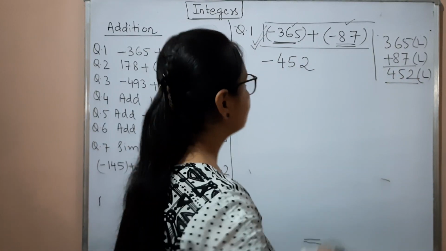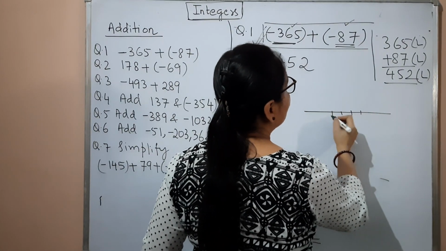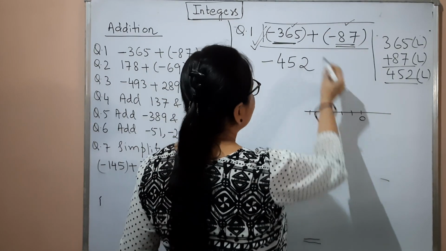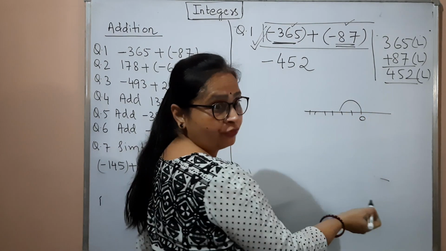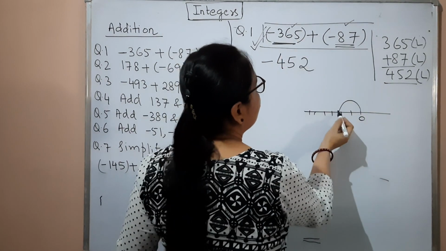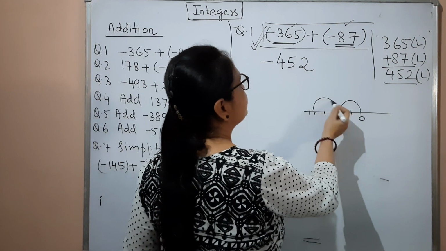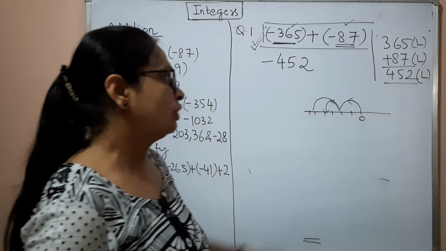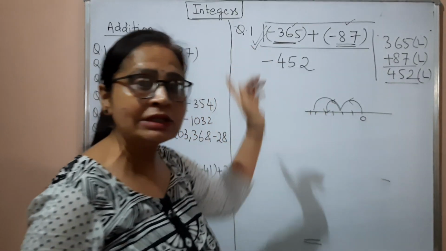Now see, if you link it with the number line, when you write down this number line, suppose this is 0, since it is 365 you will be moving in the negative direction, and again you will be moving in the negative direction, 87 suppose, and this is 365, so overall you will get a negative answer. So that way also you can link.